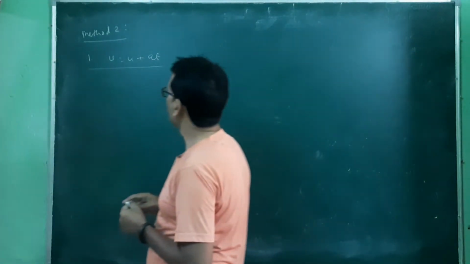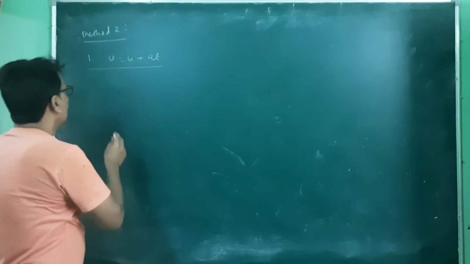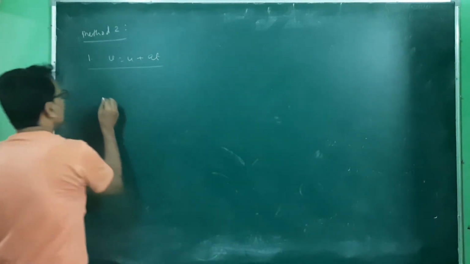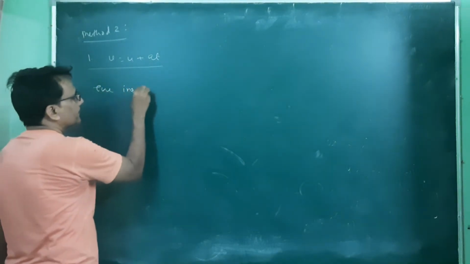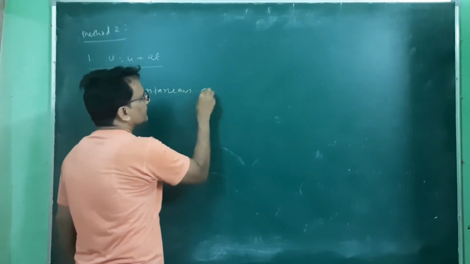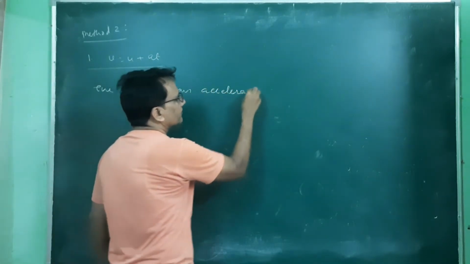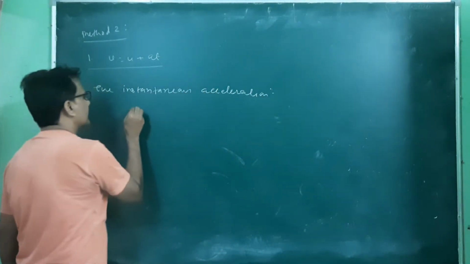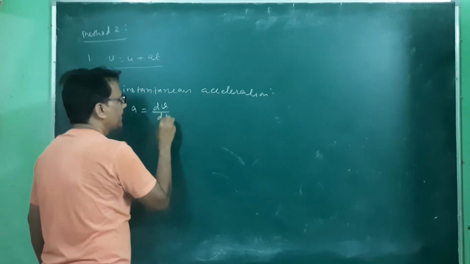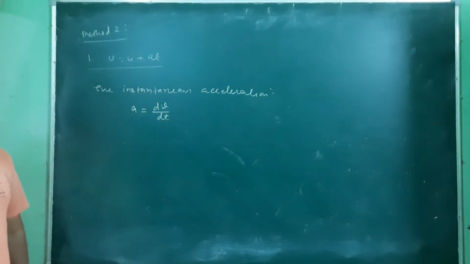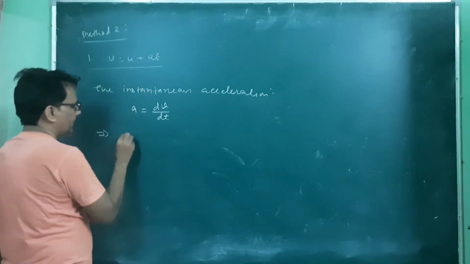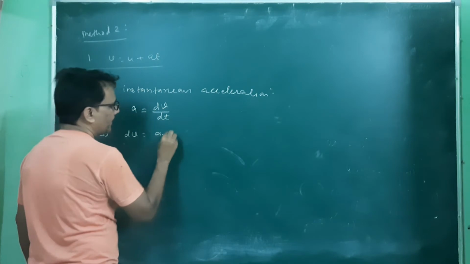V is equal to u plus at. The instantaneous acceleration is defined as a, it is equal to dv by dt. One can solve this as dv, it is equal to a multiplied by dt.